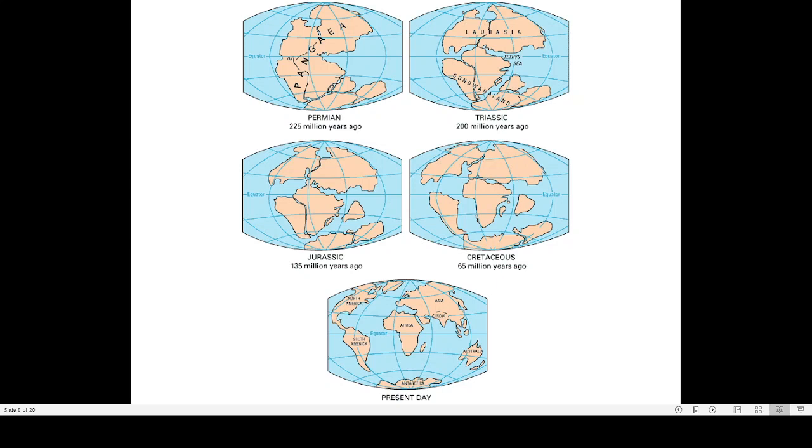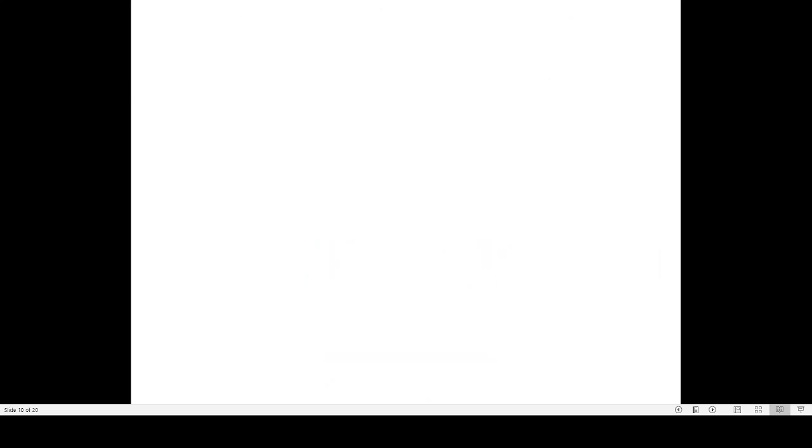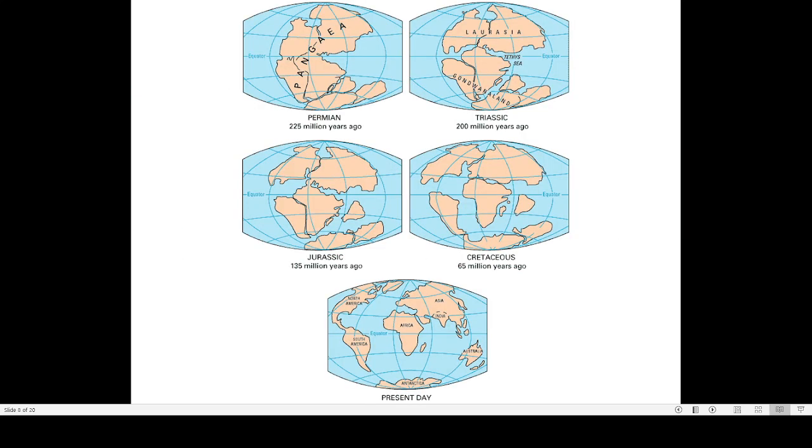Because of this hitting of the Eurasian plate, the soil and rock between this place gradually moved upward, and I will show that in the next slides. This is how the continental drift theory explains the origin of our continents.